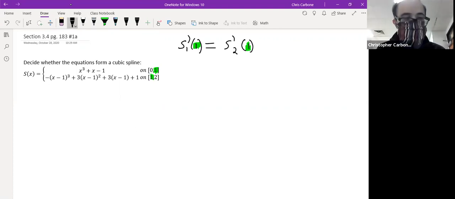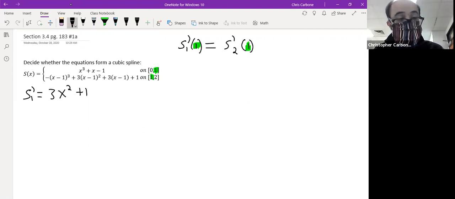In order to do that, we need to take the derivatives first. So the derivative of the first equation from the set we would have as 3x squared plus 1.